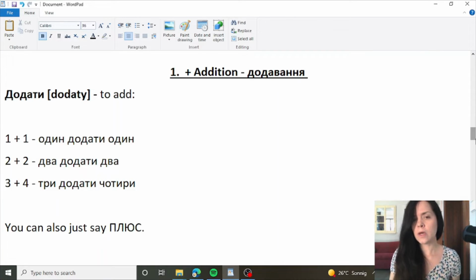It's the verb that we are going to use in Ukrainian instead of plus. So 1 plus 1 in Ukrainian is один додати один. 2 plus 2, 2 додати 2. 3 plus 4, 3 додати 4.